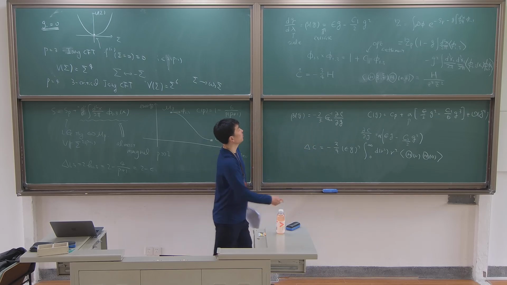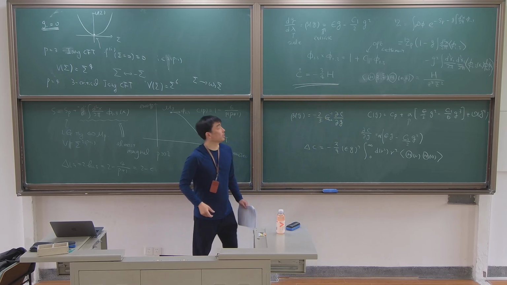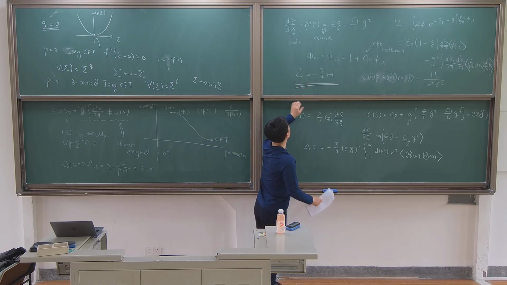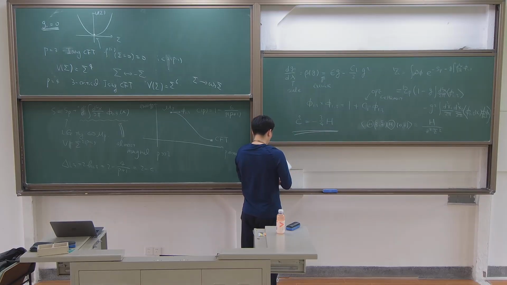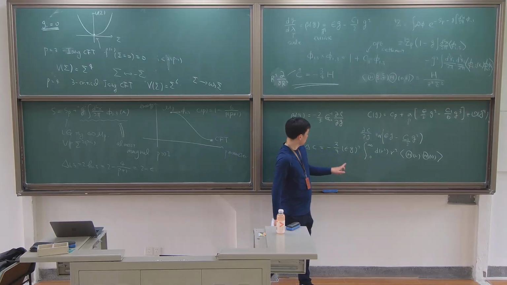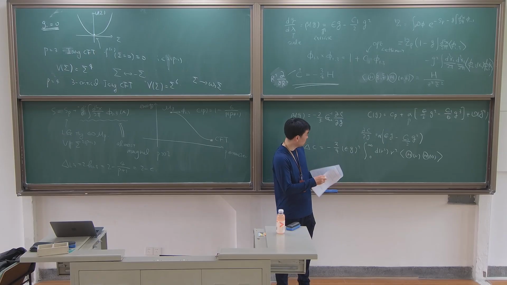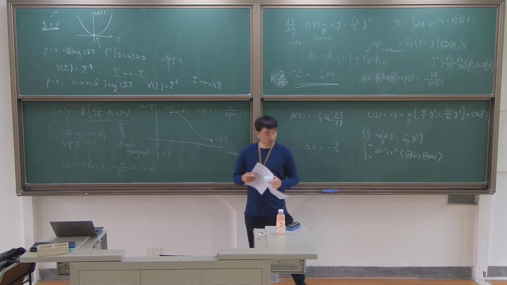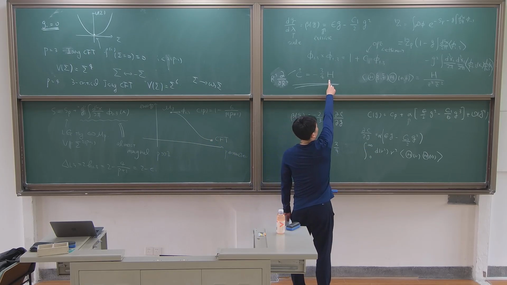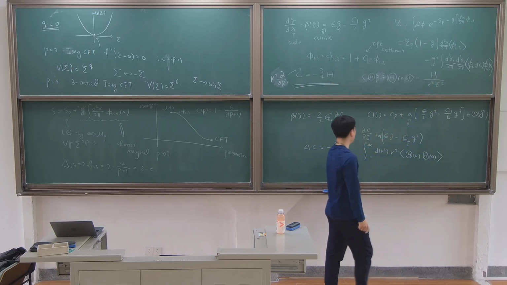So if you use this relation for the derivative, where the dot means the derivative with respect to r, delta c can be obtained by taking the integral of H, where H is given here.